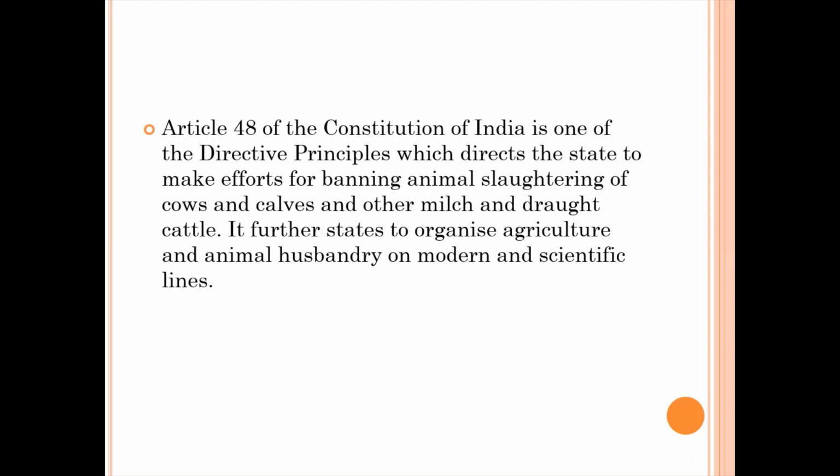Article 48 directs the state to make efforts to ban the slaughter of cows and calves, and to promote animal husbandry on modern and scientific lines. Anyone cannot slaughter cows and calves in any form.